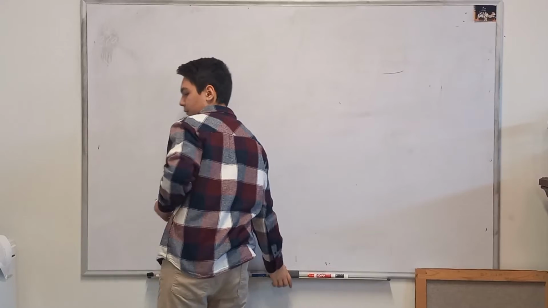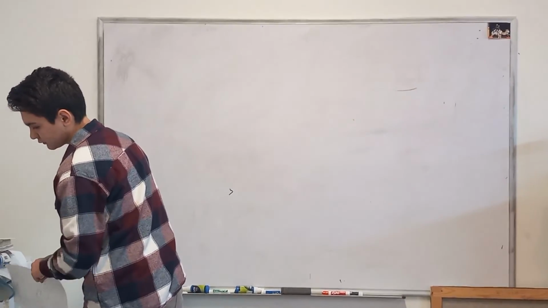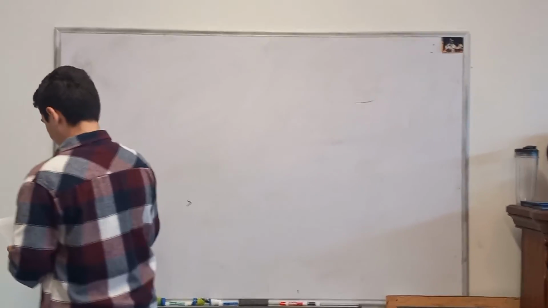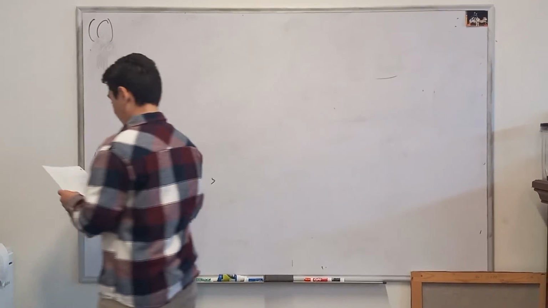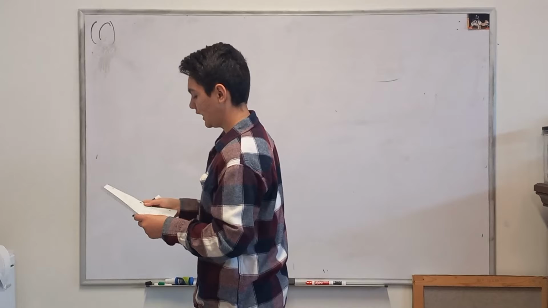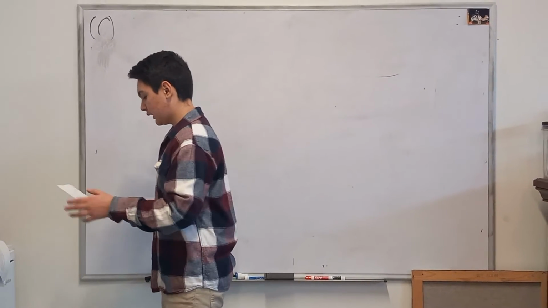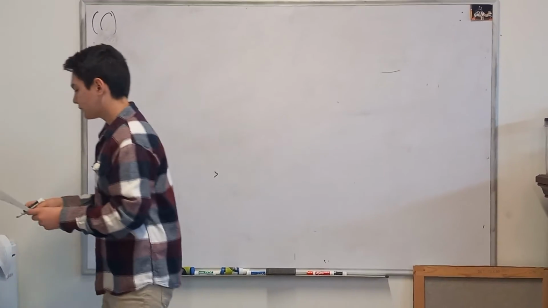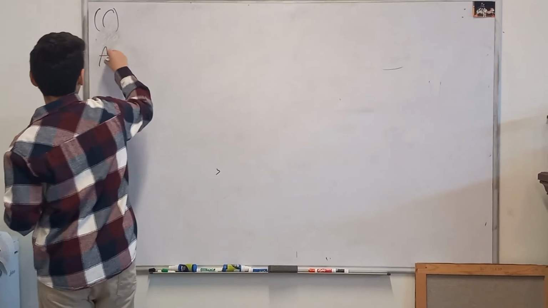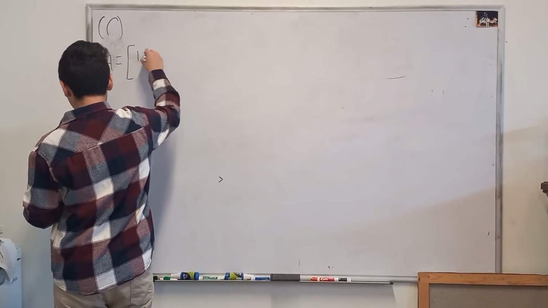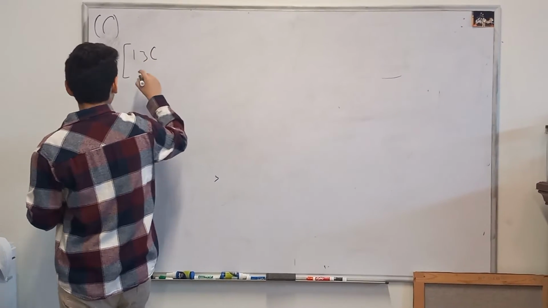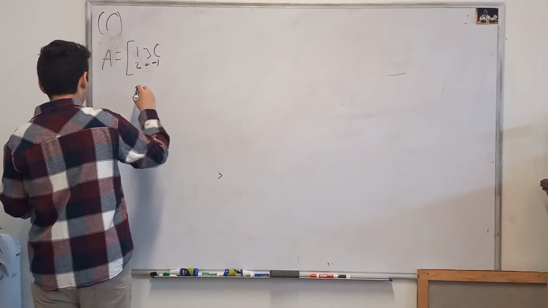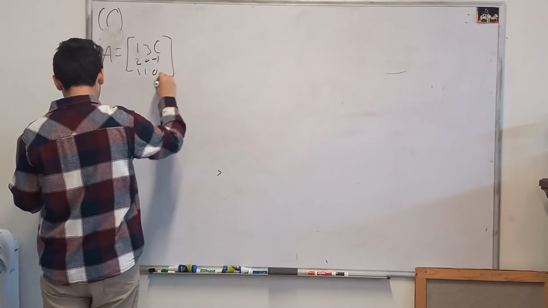And finally, we move on to part C. Part C states we're going to let C replace the 2 in the upper right hand corner. So in the matrix A, it's 1, 3, but in this case the 2 over here is C. You get 2, 0, negative 1, and 1, 1, 0.